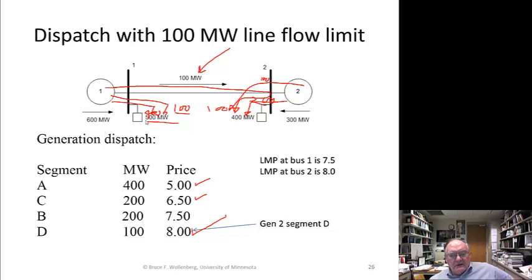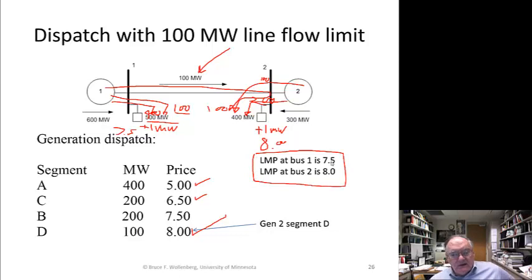So the last megawatt here, if I were to add 1 megawatt, it would be 7.5. Here, the last megawatt plus 1 would be 8. So the LMP at bus 1 is 7.5, the LMP at 2 is 8.